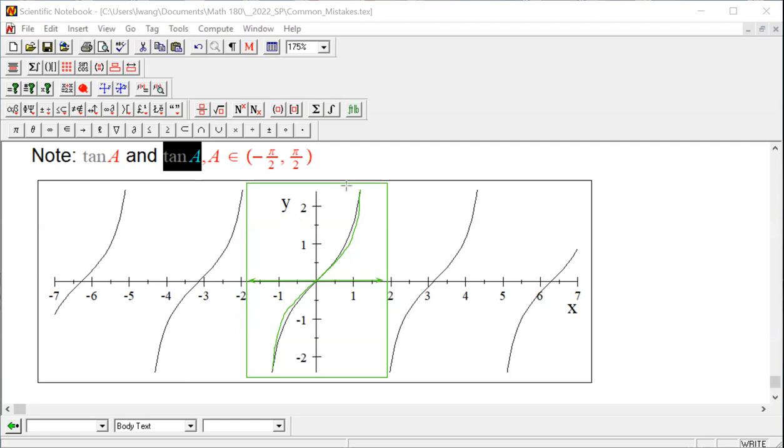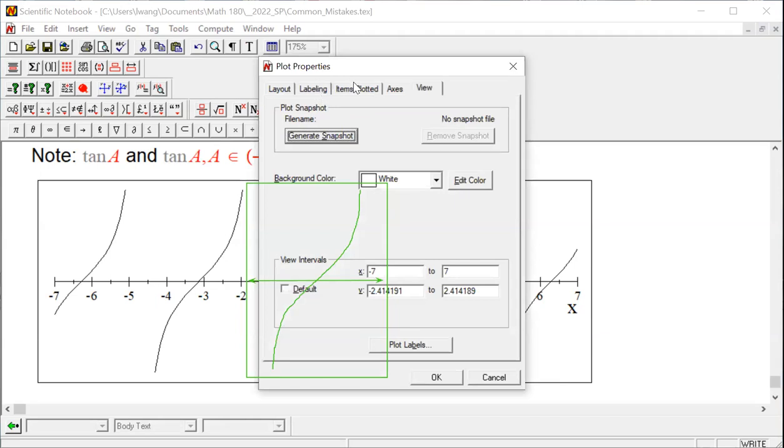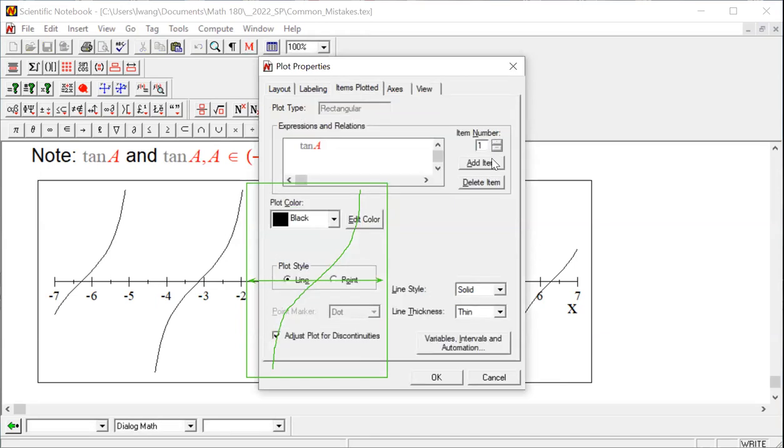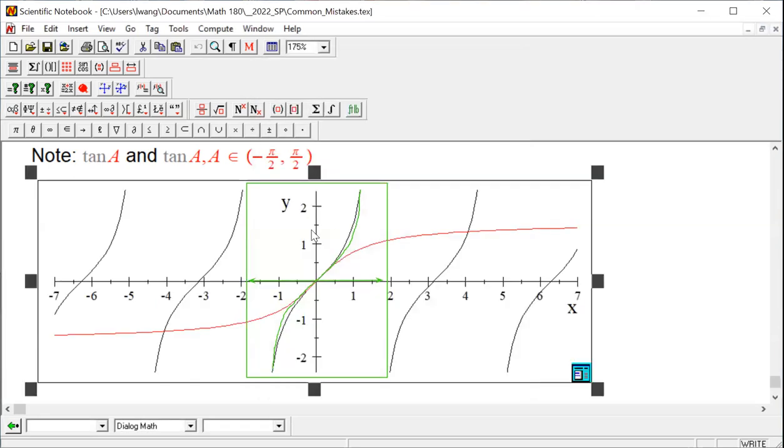okay? So of course we know the inverse of, I'm sorry, we know arctangent. I should not call it inverse. And we know arctan. Okay, so I'm going to make it red. So this green piece has an inverse, and that inverse is the red.